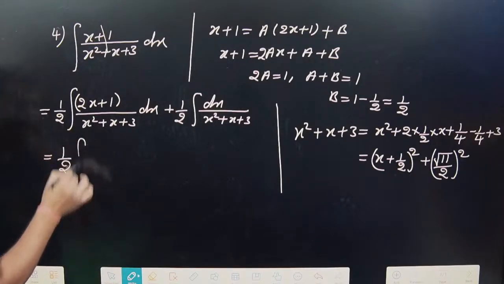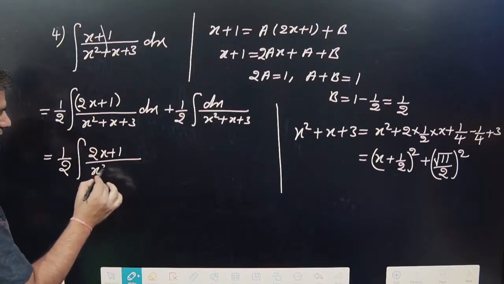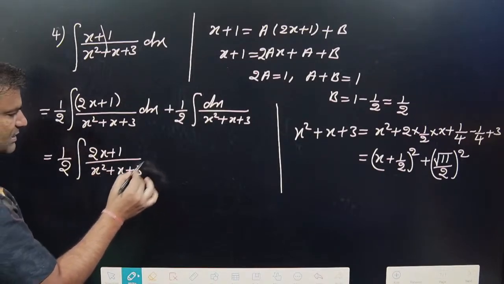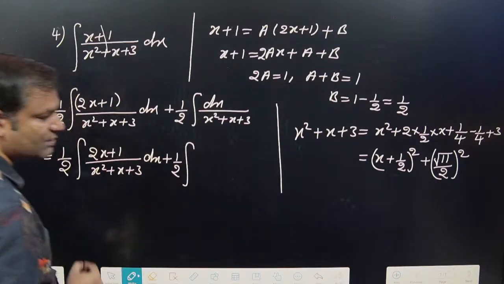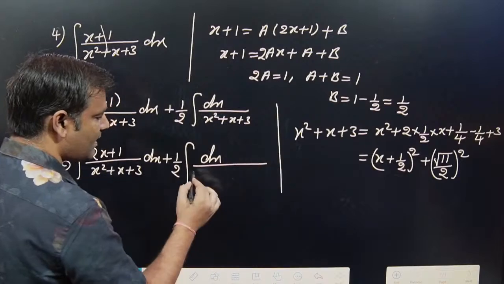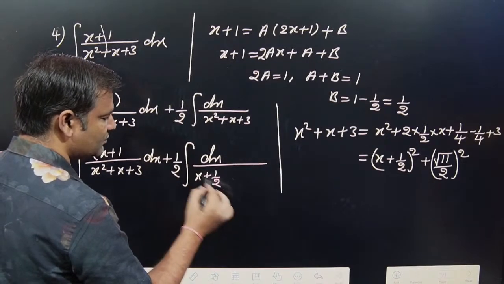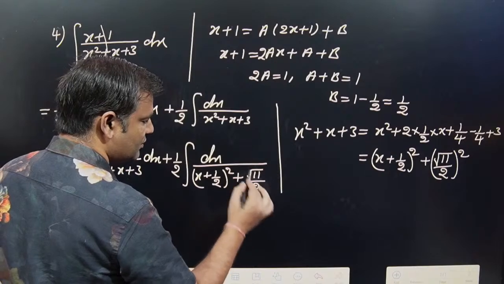1 by 2 integration of 2x plus 1 divided by x square plus x plus 3 into dx, plus half into integration of dx divided by x plus half to the whole square plus root 11 by 2 to the whole square.